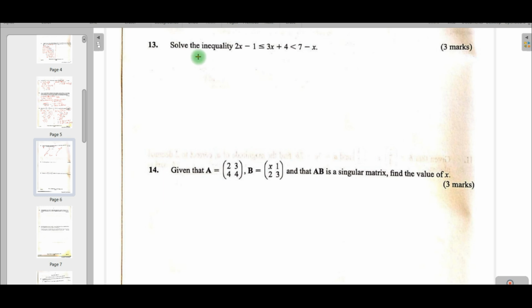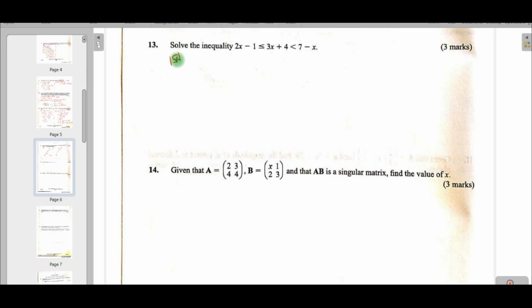Question 13, we are going to solve the inequality 2x minus 1 is less or equal to 3x plus 4 is less than 7 minus x. So here we are going to solve for x, and since it's a combined inequality, we are going to simplify it.